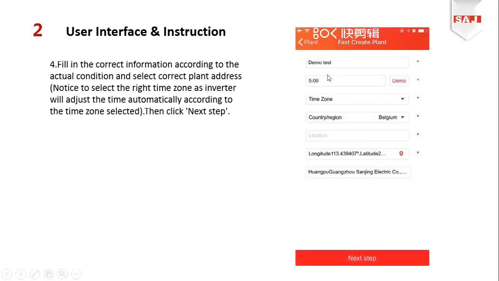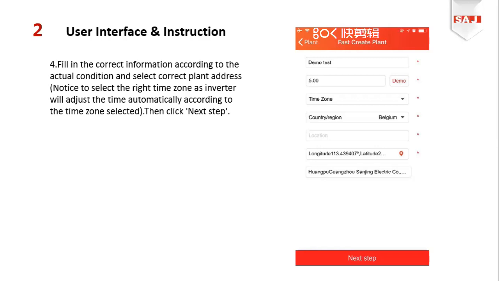Here we request the end user to fill in the related information of the plant, like the name of the plant and the capacity of the plant. For instance, if you install 5 kilowatt of PV power in total, then you type in that the total capacity of your plant is 5 kilowatt. The time zone is important for the inverter, because the inverter adjusts its time according to the time zone you set.